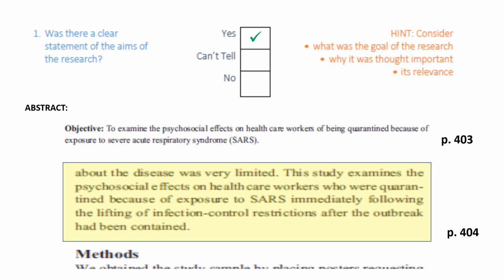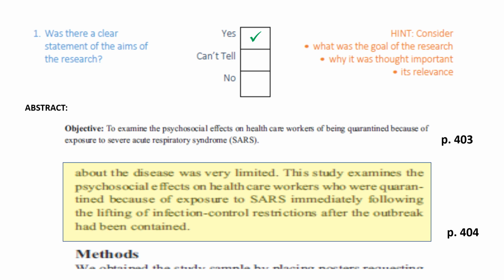So in this case, this study examines the psychosocial effects on healthcare workers who were quarantined because of exposure to SARS immediately following the lifting of infection control restrictions after the outbreak had been contained.